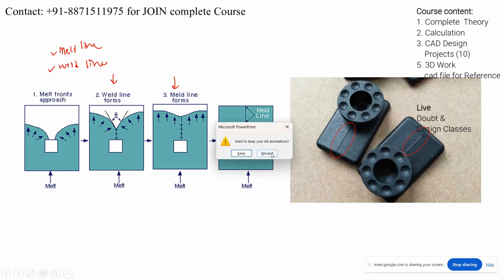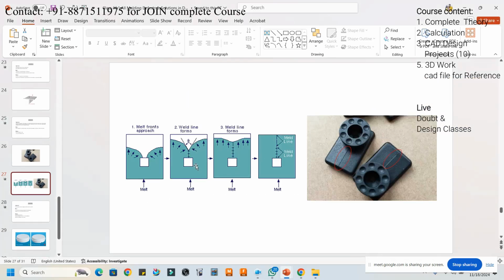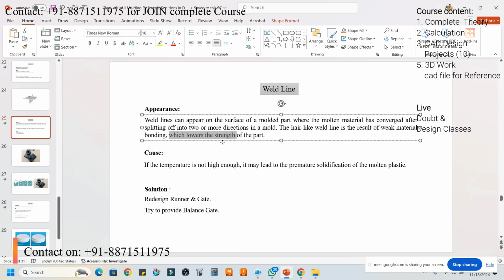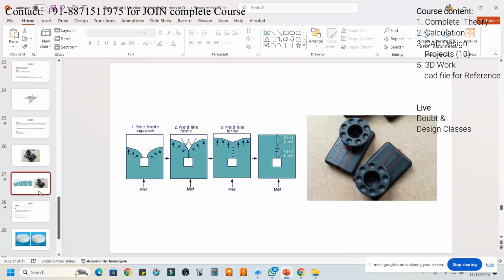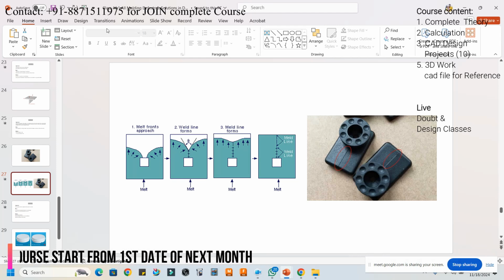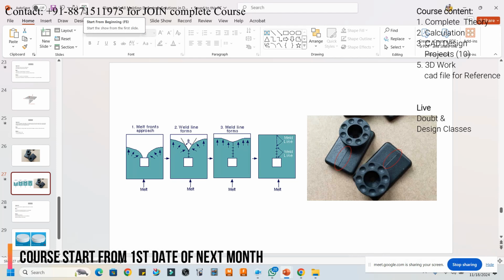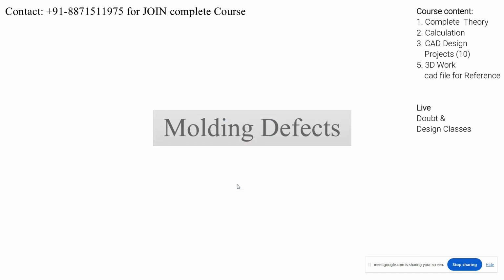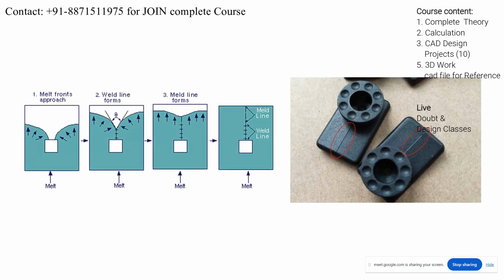Or weak material bonding, you can say. I am showing you the weld line right now. And what is the melt line? You can say it has a mark of the weld line, or a type of weld line, but it has a strong bond, right? This is the difference between both. Understood or not? Tell me.